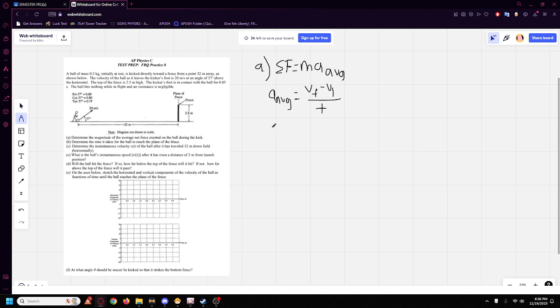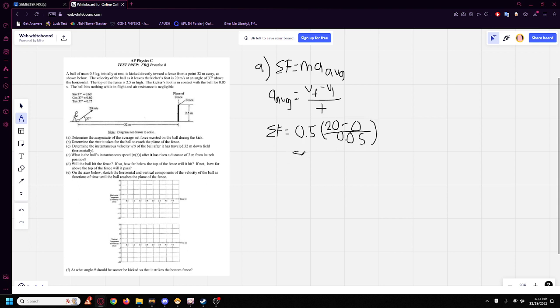So net force is equal to m, which is 0.5, times Vf, which is 20, as given in the question, minus 0 because it says initially at rest, and divide that by 0.05 because that's the amount of time the ball was in contact with the foot.